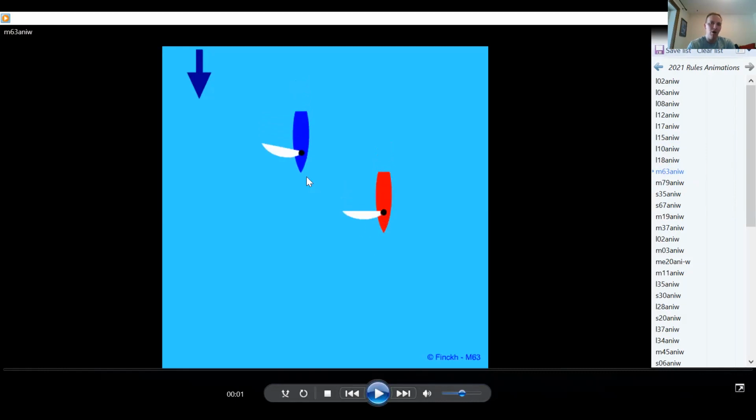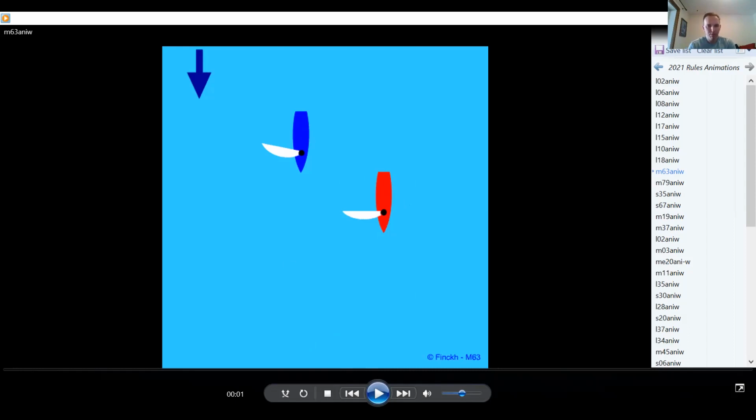So right now, or maybe a couple of seconds earlier, red was clear ahead of blue, so there was no overlap. So red had right of way over blue. And once they get overlapped, with the wind clearly astern, then blue has right of way over red.